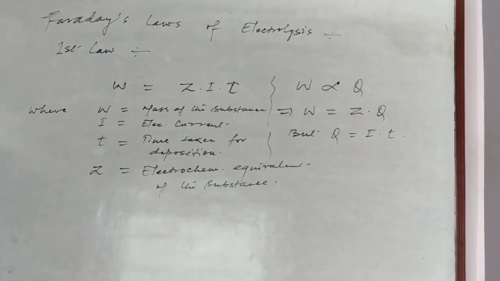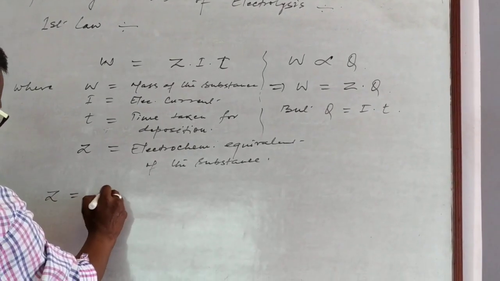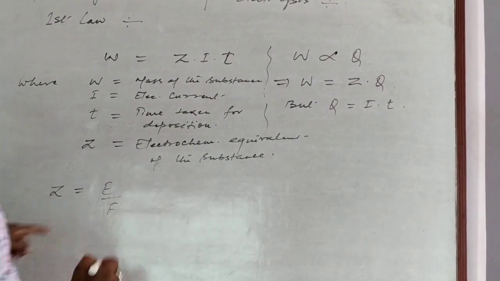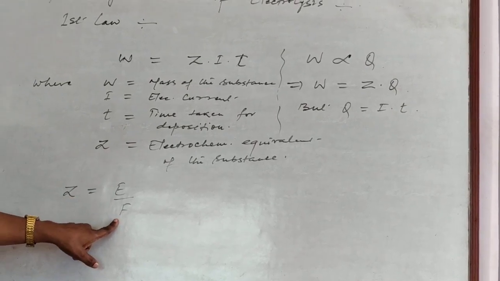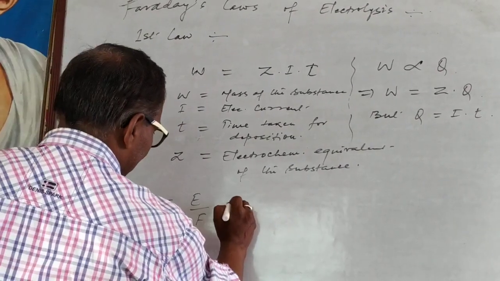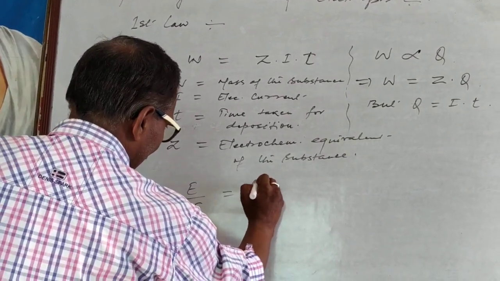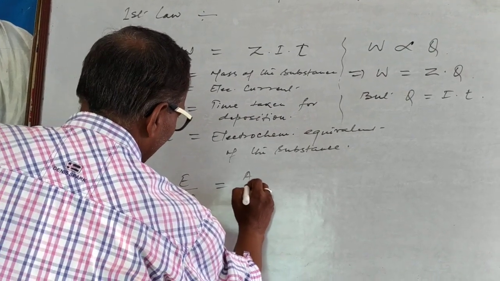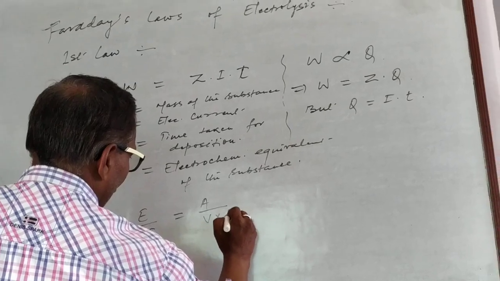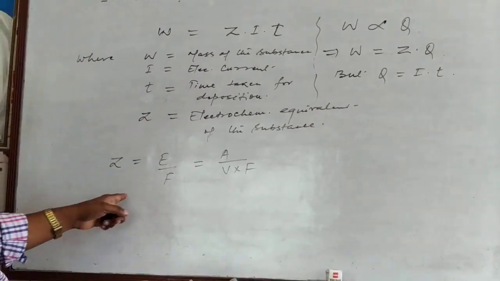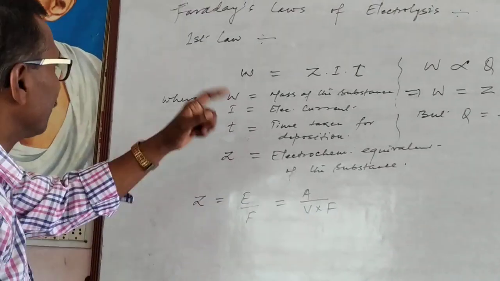Now this Z can also be calculated by the formula Z = E/F, where E is equivalent mass of the substance and F is Faraday constant. Further, E is equal to atomic mass A by valency V. We can find out Z if it is not given in the question.